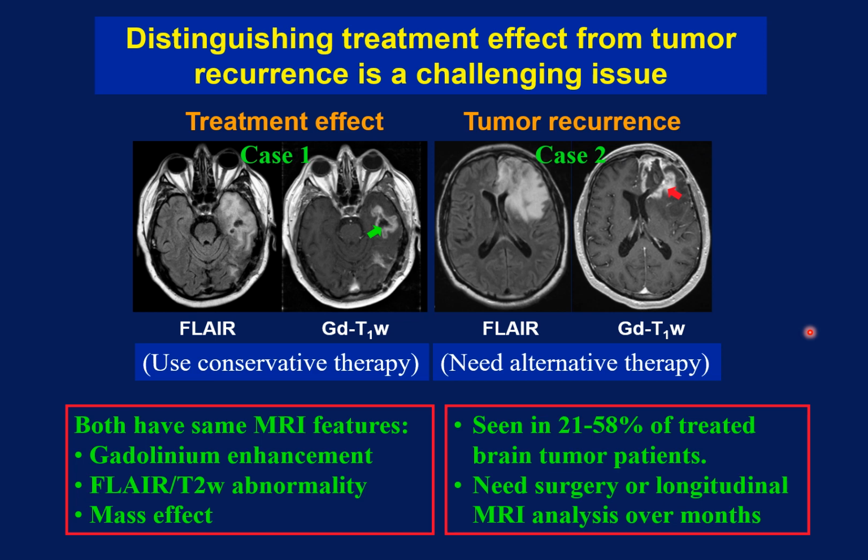And for this patient, in order to see if the tumor is cleared, the patient may need surgery or may need longitudinal analysis over months. But surgery is invasive, and longitudinal analysis takes time. Patients cannot wait.